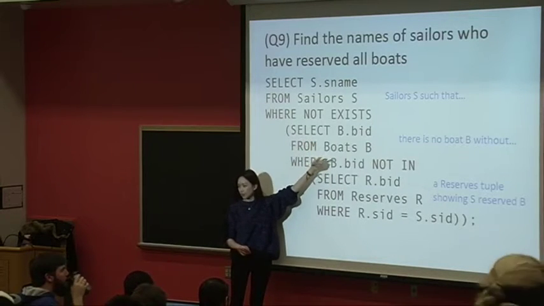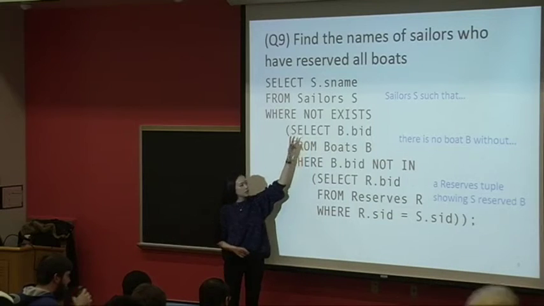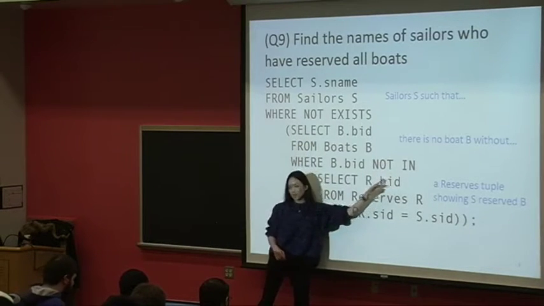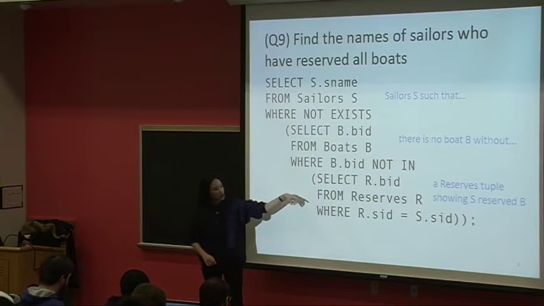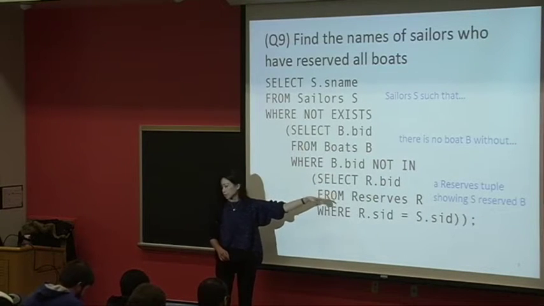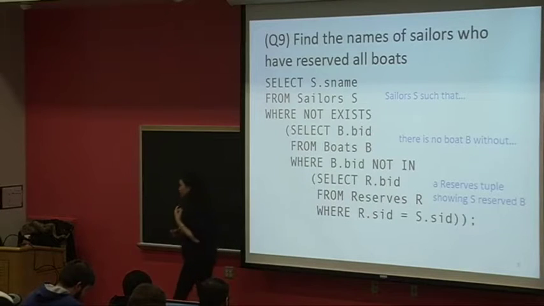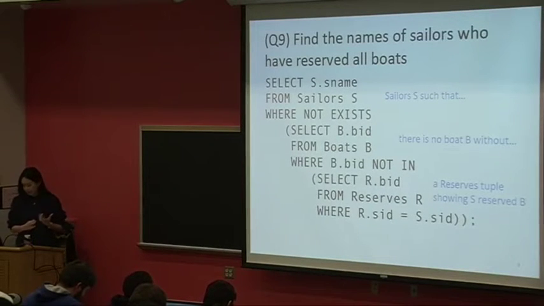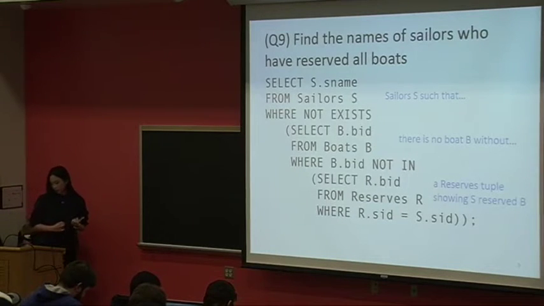There's no boat B for the seller, without it being from here, NOT IN. And then here we say without a reserved tuple showing as reserved B. So if you want to interpret it in one sentence: seller S such that there's no boat B without a reserved tuple showing S reserved B.